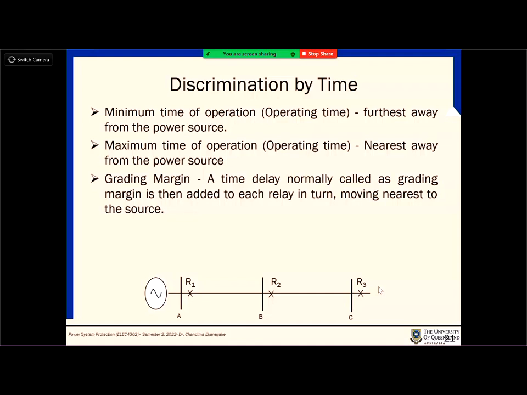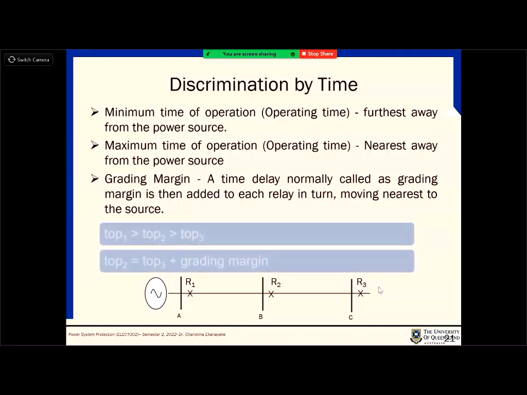So remember that it is the time delay between two consecutive relays. It's just adjacent ones, right? The operating time delay between them. In this figure, the operating time at relay 1 is the slowest, TOP3 is the fastest.